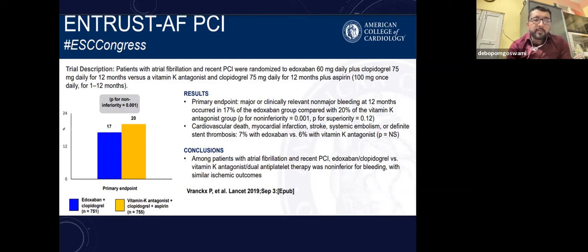And cardiovascular death, myocardial infarction, stroke, systemic embolism, or definite stent thrombosis was 7% with edoxaban versus 6% with vitamin K antagonist. So to conclude, among patients with atrial fibrillation and recent PCI, edoxaban plus clopidogrel versus vitamin K antagonist triple therapy was non-inferior for bleeding with similar ischemic outcomes.